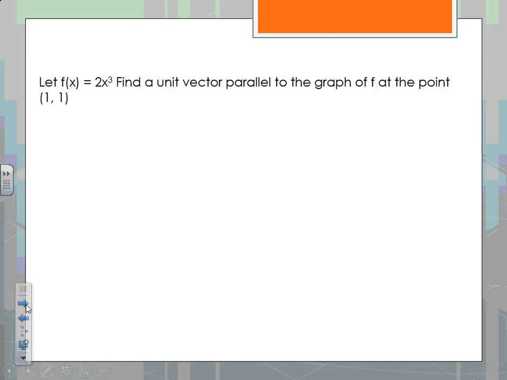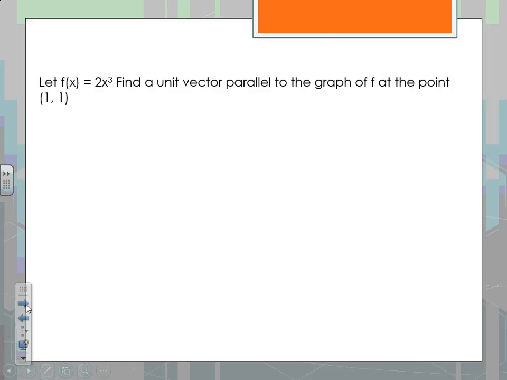We have the function 2x cubed. I want a unit vector parallel to the graph of f at the point 1, 1. Okay.